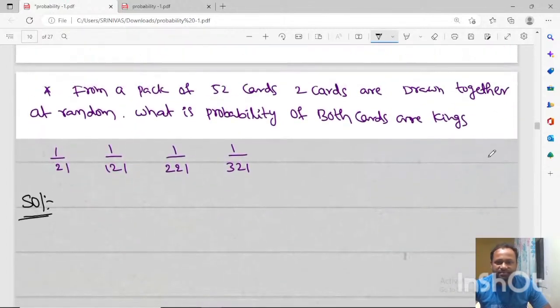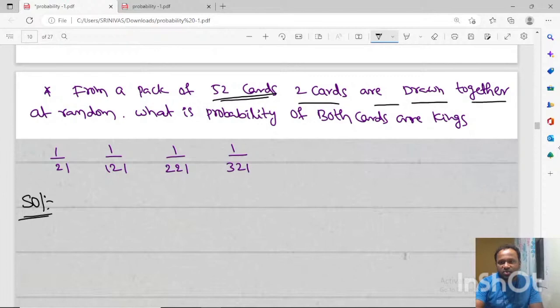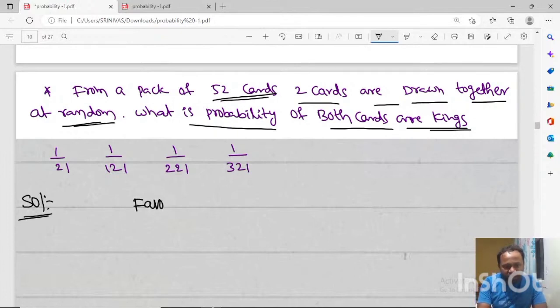See this. From a pack of 52 cards, 2 cards are drawn together at random. From 52 cards, we need to draw 2 cards. Then the question is, what is the probability that both cards are kings? So here favorable is nothing but kings. How many kings do we have? 4.